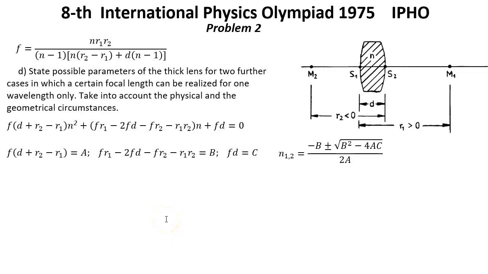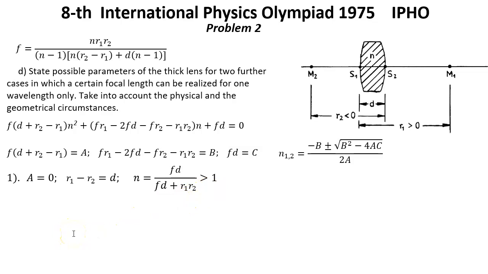The first case is when this trinomial becomes a binomial, which means that A equals 0, and this equation becomes a linear equation. So we have A equals 0, which means that R1 minus R2 equals d, and in that case the refractive index n equals this expression, which must be greater than 1. So that was the first case.